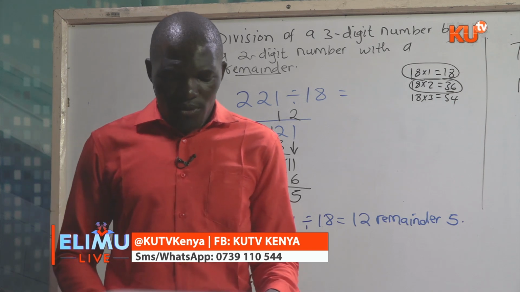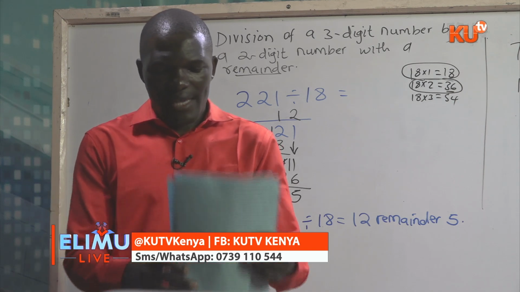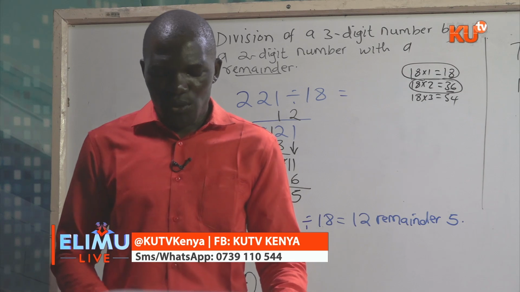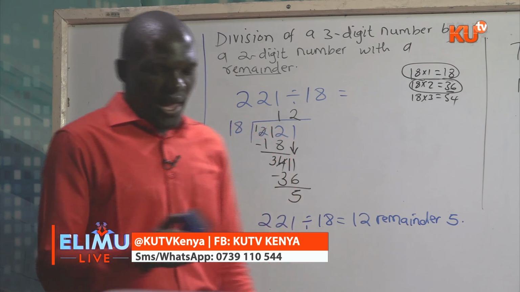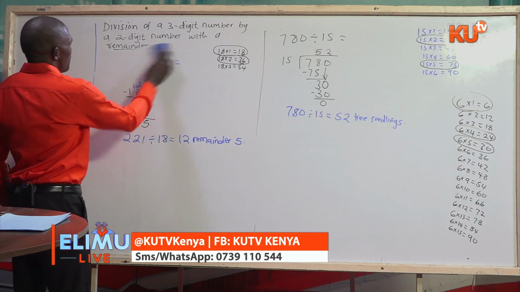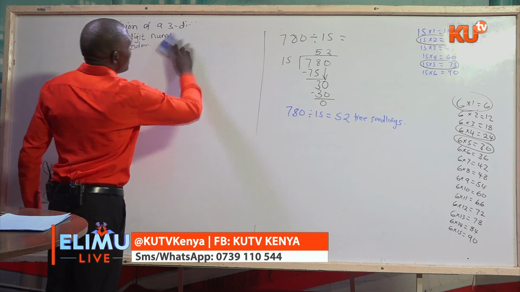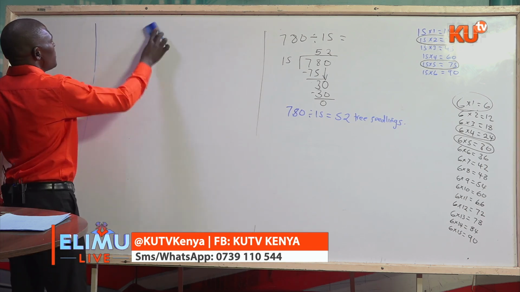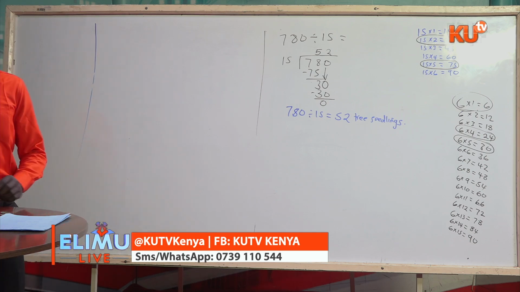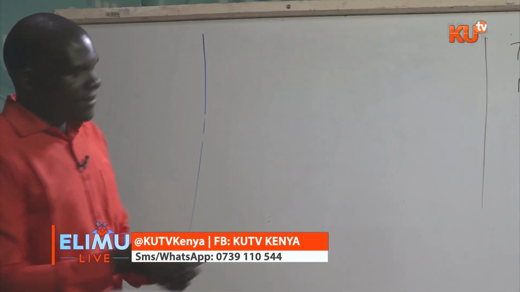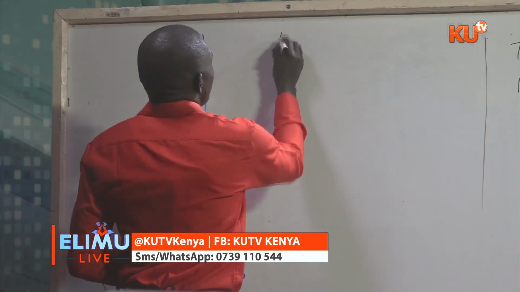And now we have some various sums that I want us to do together. We have different sums from just what we have been learning. This is an activity. We work it out together.